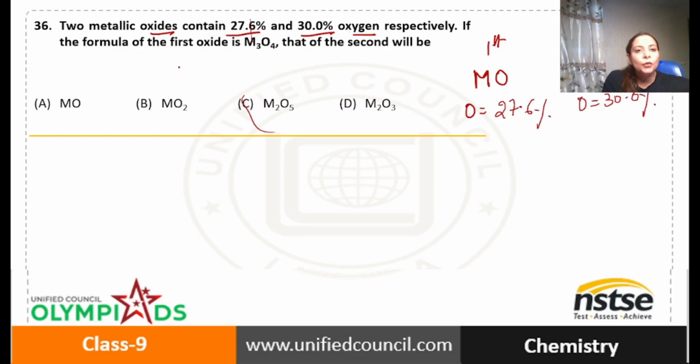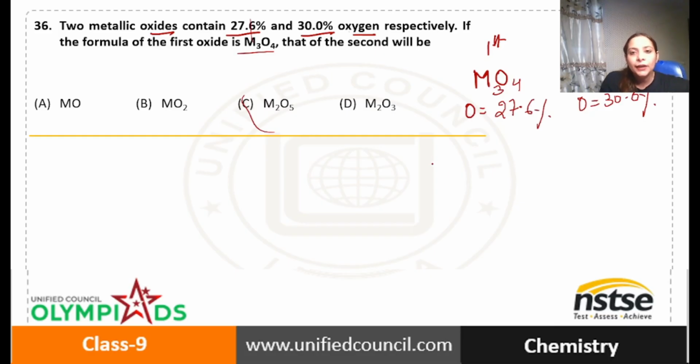If the formula of the first oxide is M3O4, as given, we need to find the formula for the second metal oxide. Now in this question, the perfect way is to first find the percentage of metal.